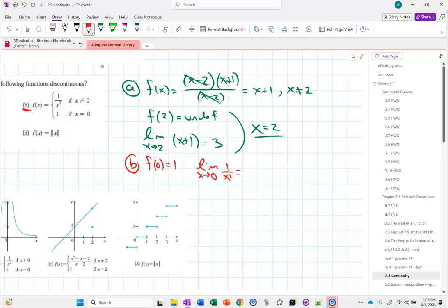What's that telling us the limit is equal to? Filling in the delta math at the start of the year, they would have accepted that answer. I want to differentiate between does not exist and infinity. So is this does not exist, or is this going to be positive or negative infinity? Positive infinity. Okay.